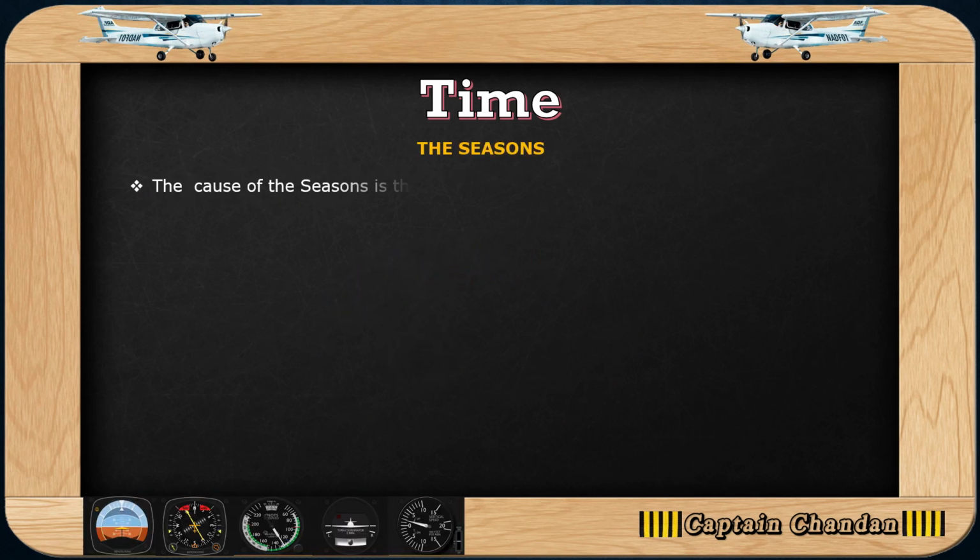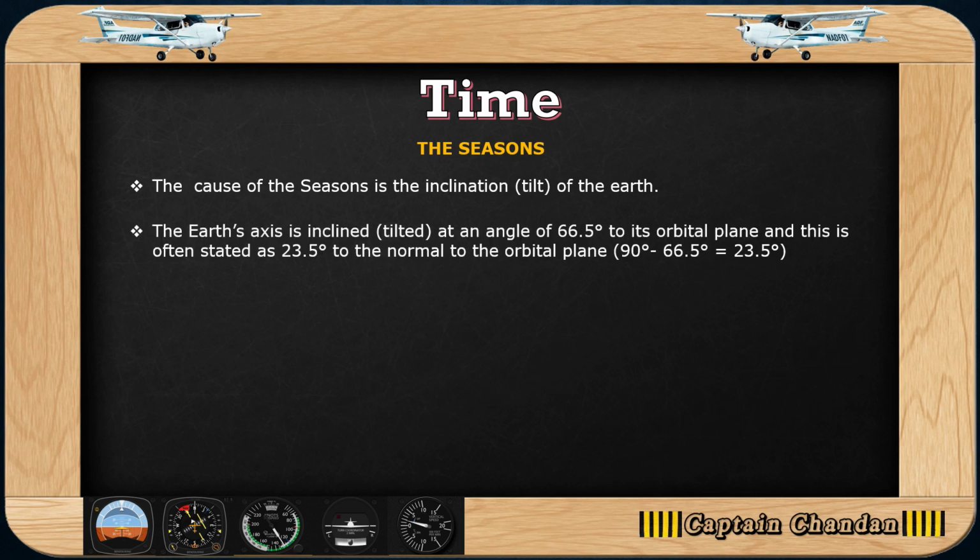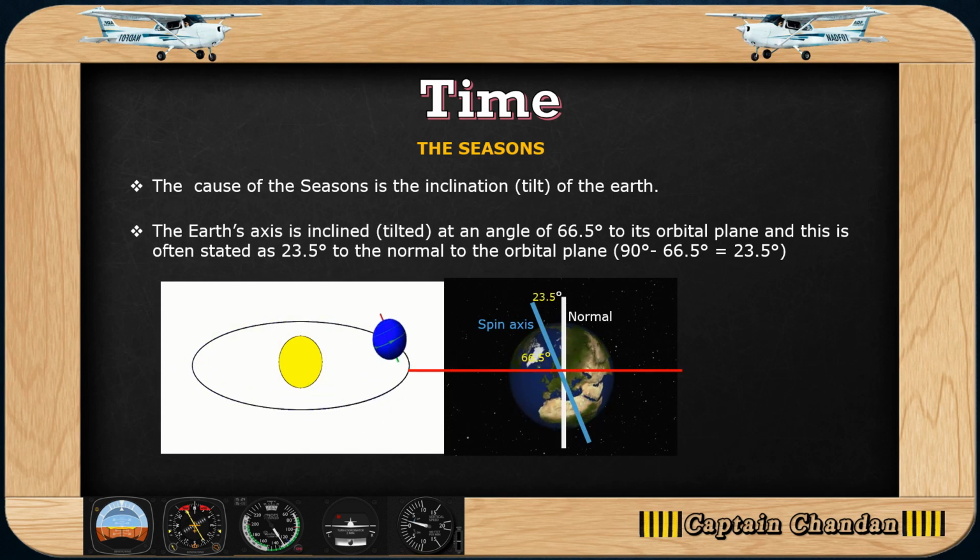The season. The cause of the seasons is the inclination of the Earth. The Earth's axis is inclined at an angle of 66.5 degrees to the orbital plane, and this is often stated as 23.5 degrees to the normal to the orbital plane.